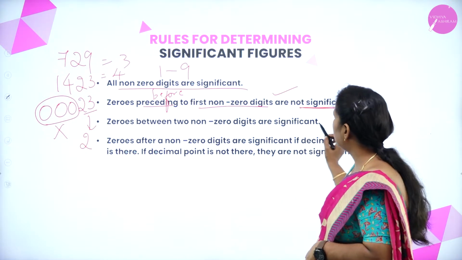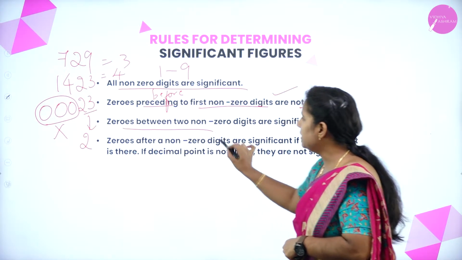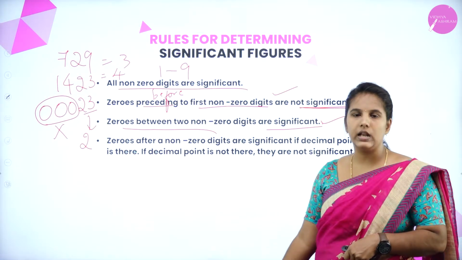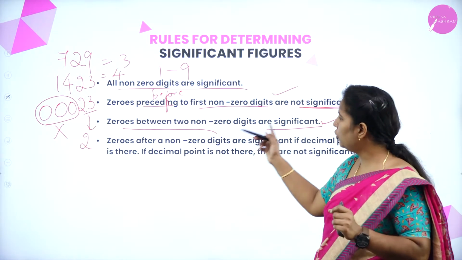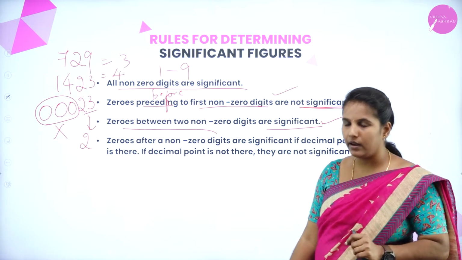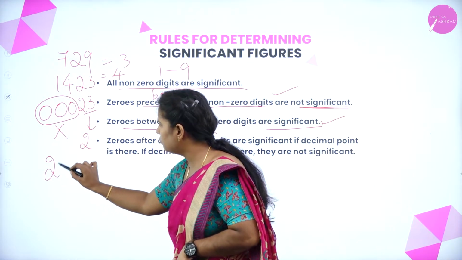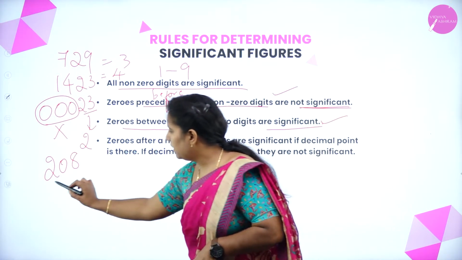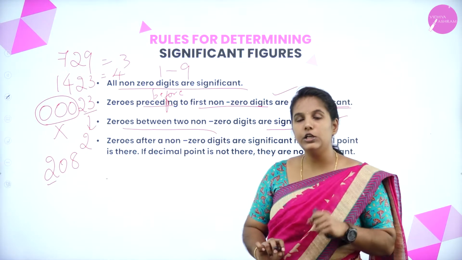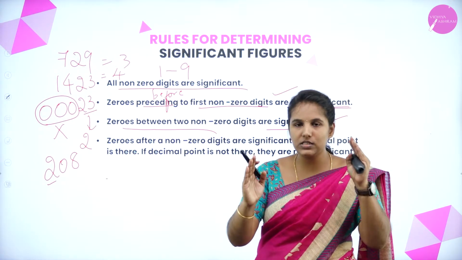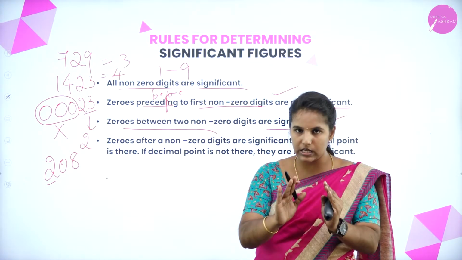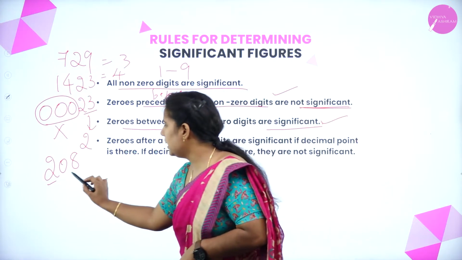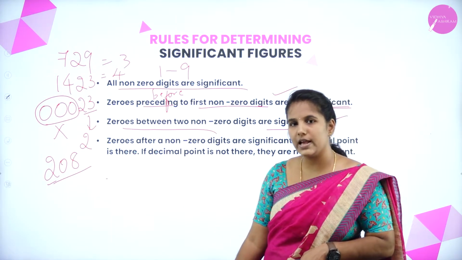Understood? And the third rule says that zeros between two non-zero digits are significant. Zeros between two non-zero digits are significant. For example, if you take 208, okay, 208. Here, the 2 and 8 are the non-zero digits. Between these non-zero digits, there is a 0. So, if zeros are present between the non-zero digits, then they are significant figures.